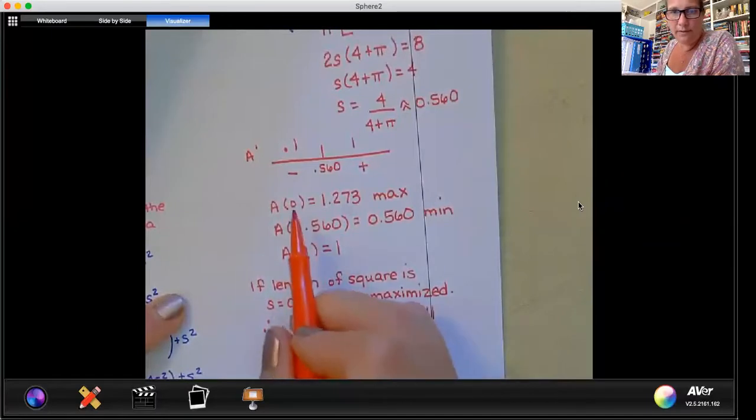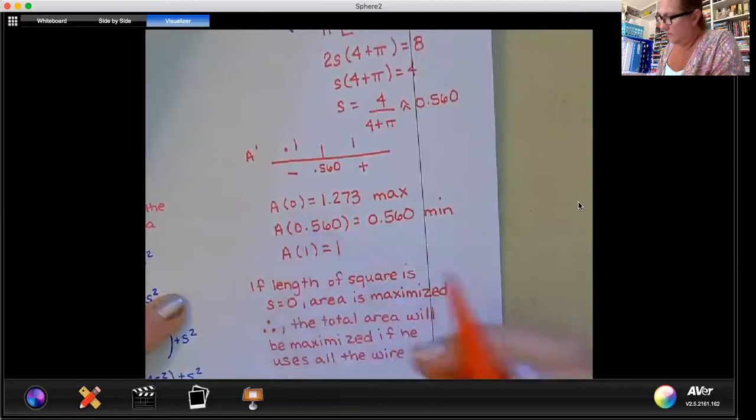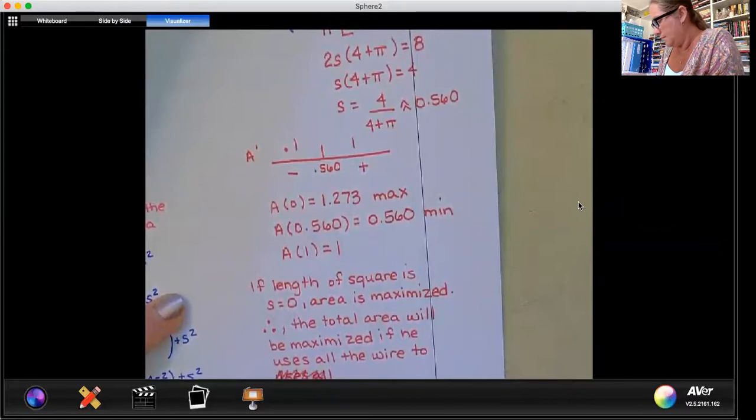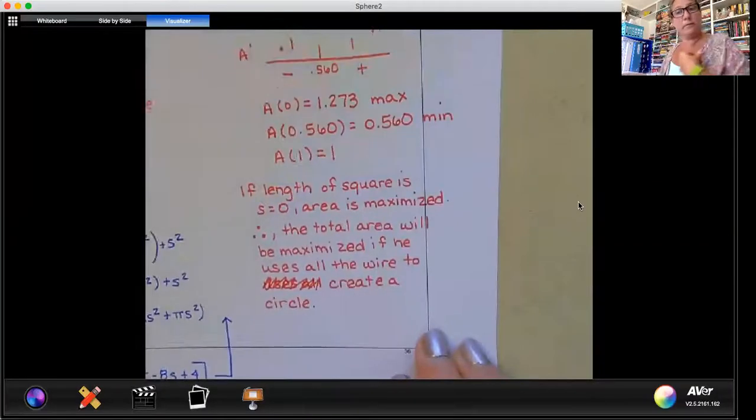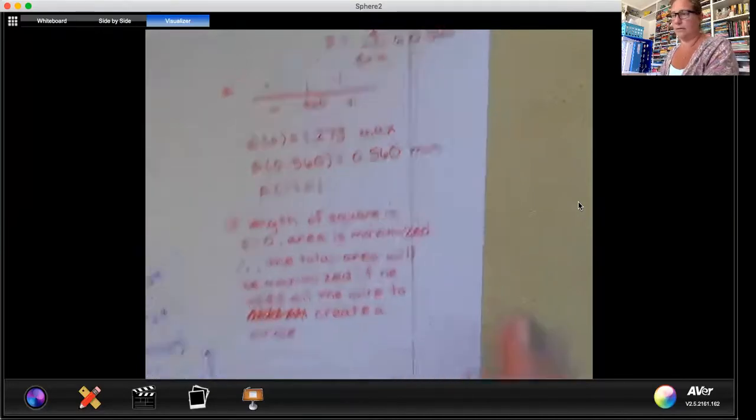Can't have a square with a side measure of 0. That's the only way that this problem will work in terms of using the wire at its max.